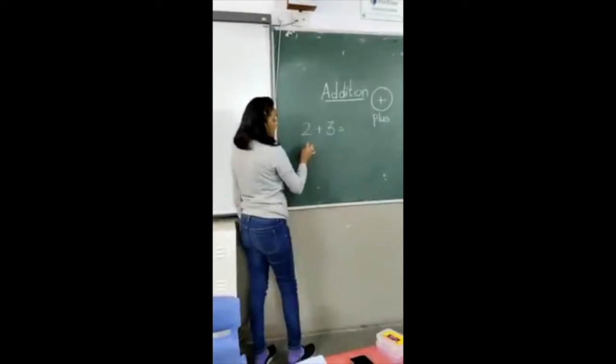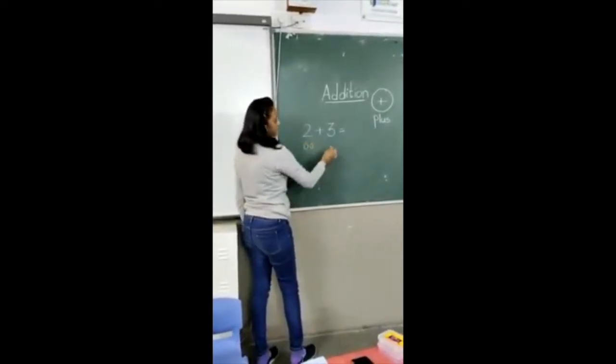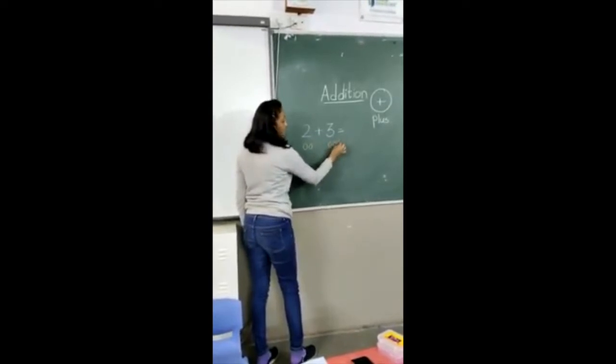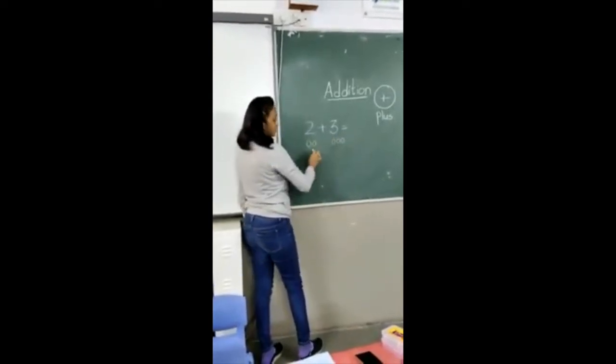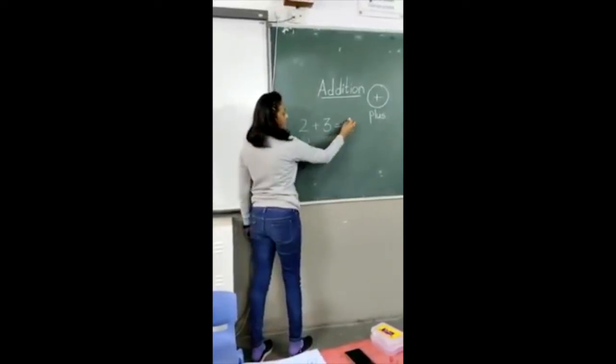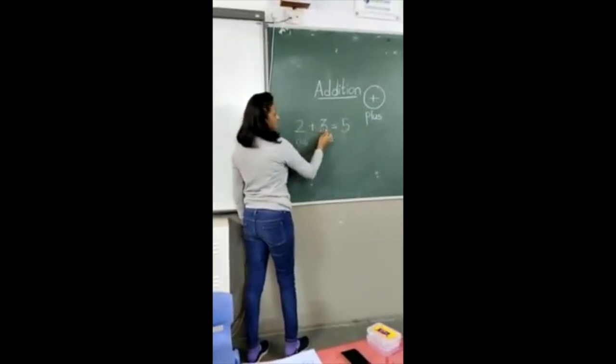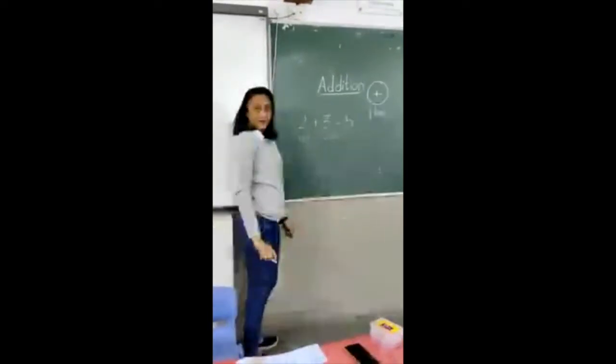We can draw balls or lines also. 1, 2 balls, 1, 2 and 3 balls. So the total number of balls we are having is 1, 2, 3, 4, 5 and the sum is 2 plus 3 is equal to 5.